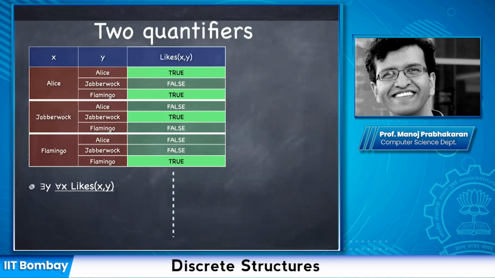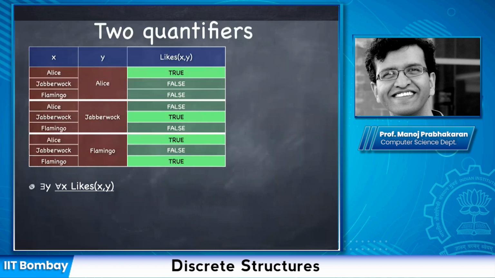Here's one more example with the order of quantifiers swapped. So there exists y such that for all x, x likes y. So I've rewritten this by combining, for each y, I have written all possible values of x, because that's the order of quantifiers here.